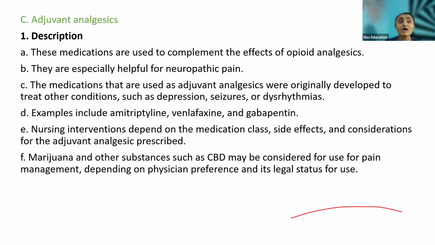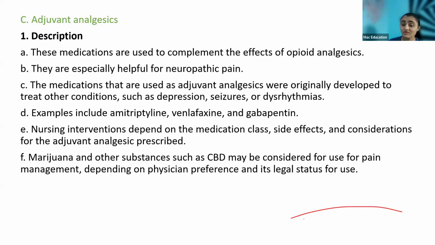Yes, marijuana and these are called substances, other substances that can be used for euphoria and all that. So marijuana and CBD. CBD is a kind of cannabis. Have you heard about cannabis? Cannabis can be taken as other substances also.